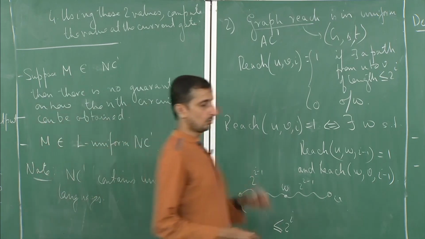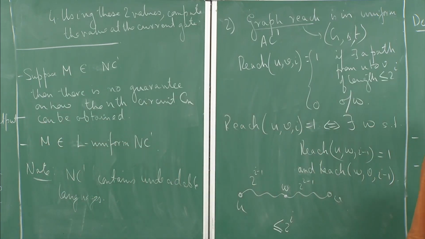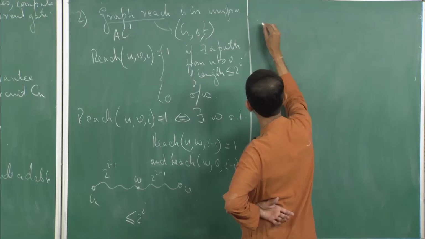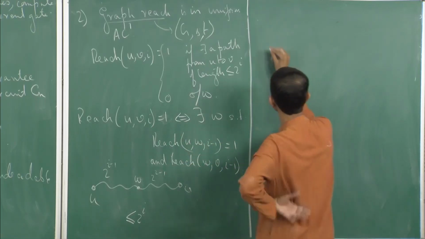And now it is easy to see how we can compute this circuit. So here is a circuit for reach. We can write essentially just encoding this.